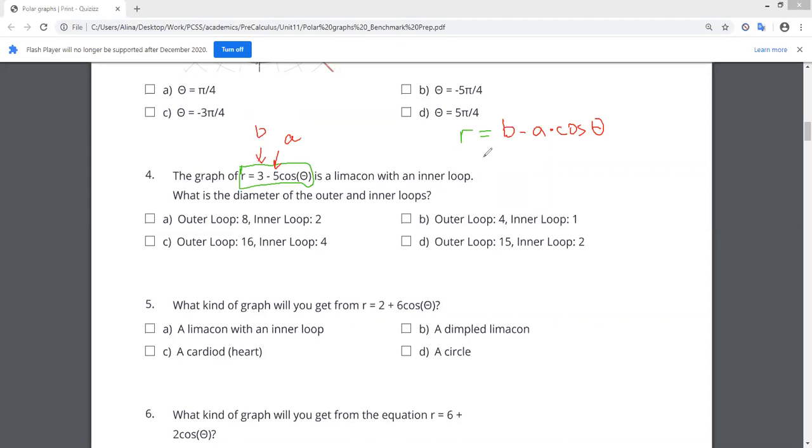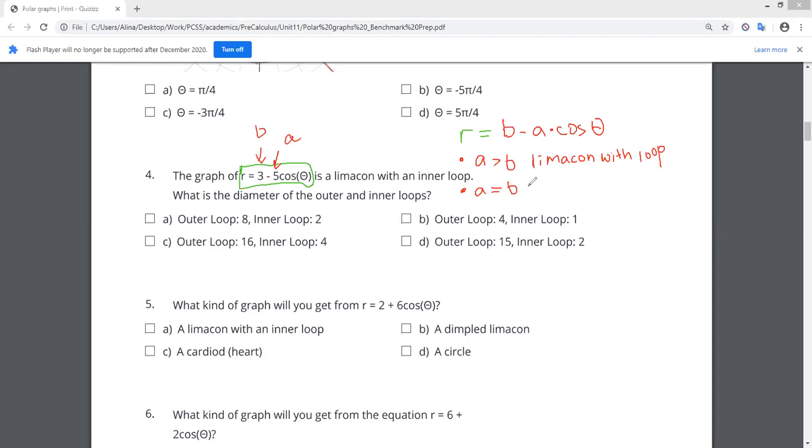If a is more than b, you get a limaçon with an inner loop. I don't have enough space, so I'll just write loop. If a equals b, what do you get? Can anyone tell me what you get if these numbers are equal?